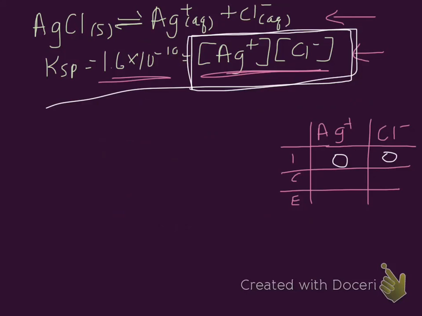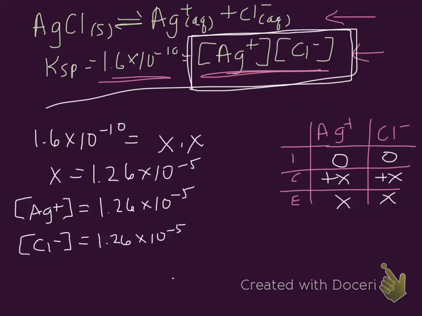All right, so we know that whatever we form of this, we're also going to form of the Cl-. So we just have x and x. And so you'll just set this equal: 1.6 times 10 to the negative 10 is equal to x times x. So that's x squared. And it's just a matter of taking the square root and plugging it into the calculator.